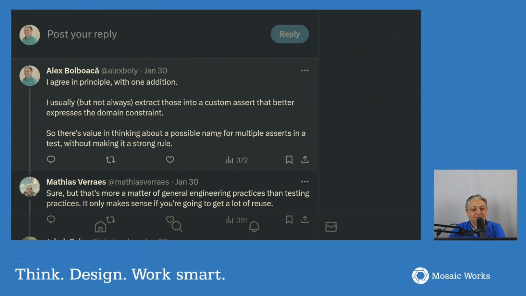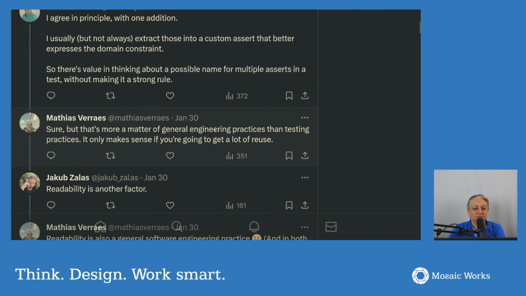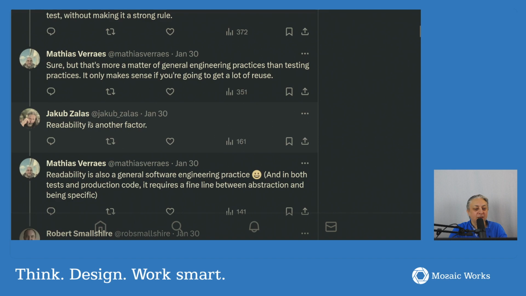And then Matthias's answer was, sure, but that's more a matter of general engineering practices than testing practices. It only makes sense if you're going to get a lot of reuse. And Jakub answered, readability is another factor. Readability is also a general software engineering practice, said Matthias.